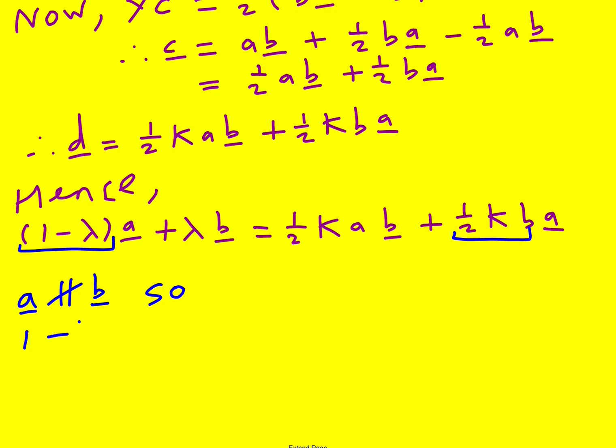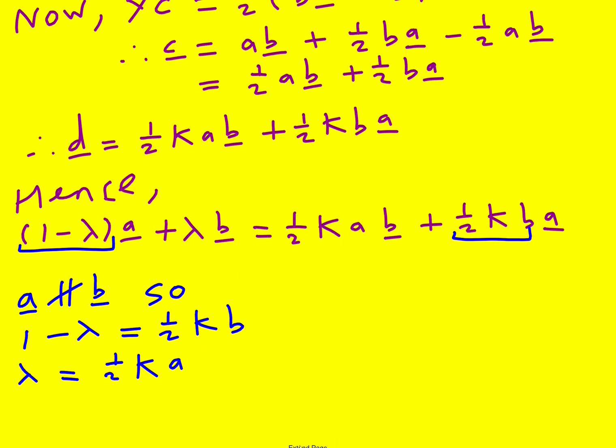So it must be that 1 minus lambda is equal to a half kb. And similarly, lambda is going to equal a half ka. Sorry, I shouldn't have an underscore. That's just a scalar quantity.